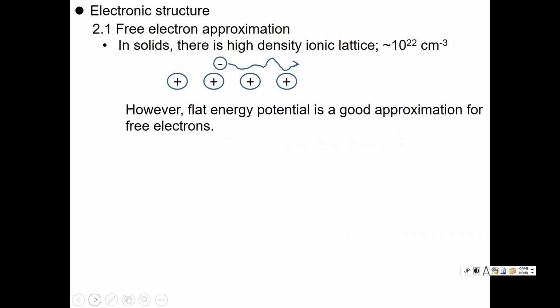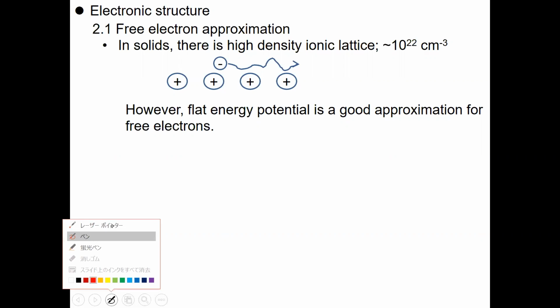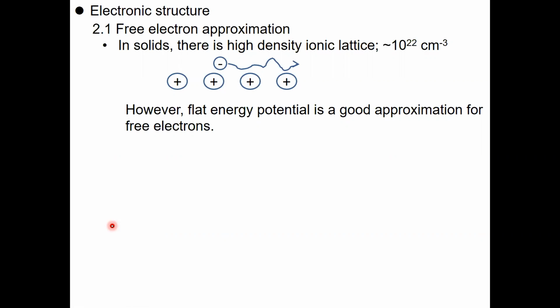So at first, let's think about the free electron approximation. As you can see, in solids there are many atoms, as I mentioned frequently. So this is a difference between the molecules and solids case.